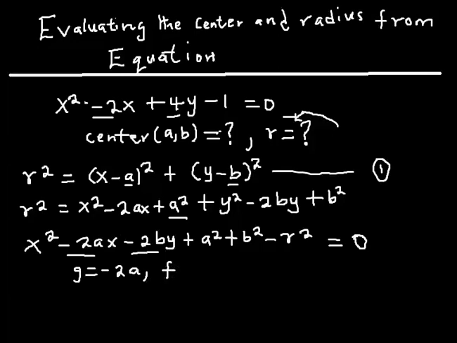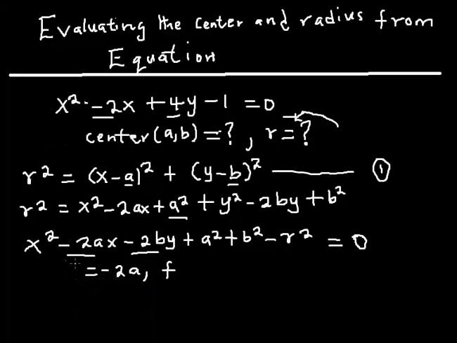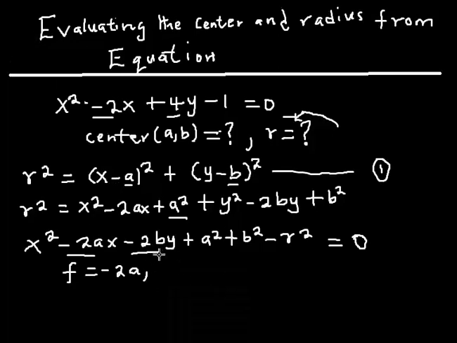Let me use f, of course in alphabetical order, to represent the coefficient of x, which of course is minus 2a, and I'm going to use g this time around to represent the coefficient of y, which is minus 2b.